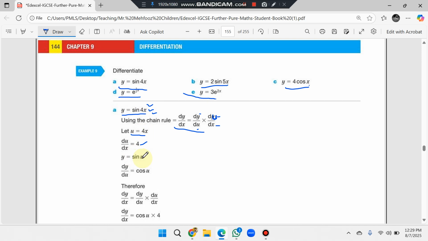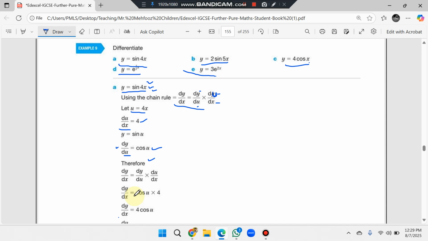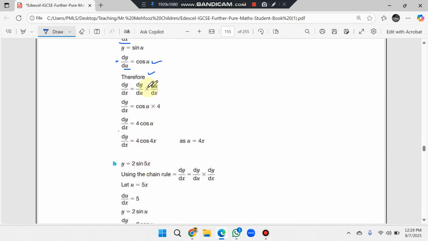So the derivative of y with respect to u will become dy by du, that is equal to cos u. So here we have the value of du by dx and dy by du. So we put these two values into the given chain rule, that is dy by dx is equal to dy by du multiplied by du by dx.